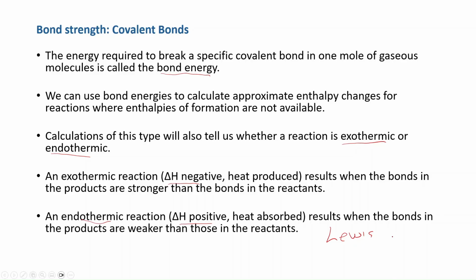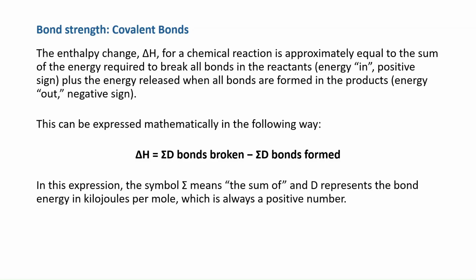If you didn't do well in the exam with Lewis structures, or if you don't remember, go back to the video on Lewis structures and review it. Because if you don't have the Lewis structures, how do you know which bonds you're breaking? How do you know which bonds you're forming? If the Lewis structure is wrong, you're going to come up with the wrong answer. So very, very important. If you're not confident, go back and review Lewis structures.